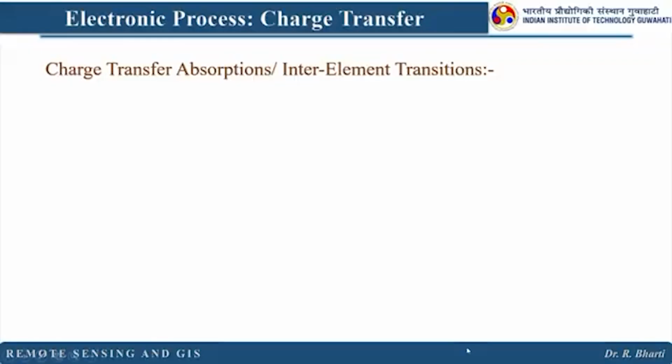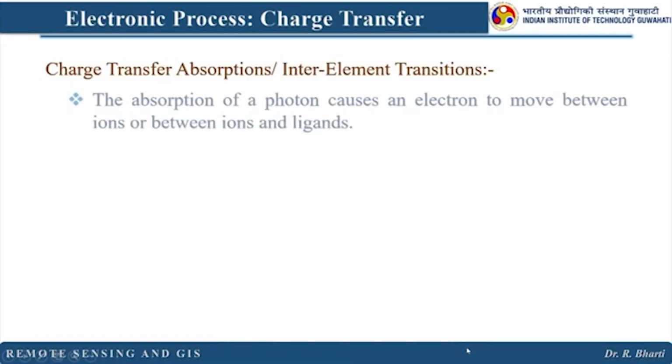The next process in electronic is charge transfer. This is known as charge transfer absorption or inter-element transition, right. The absorption of a photon causes an electron to move between ions or between ions and ligands.